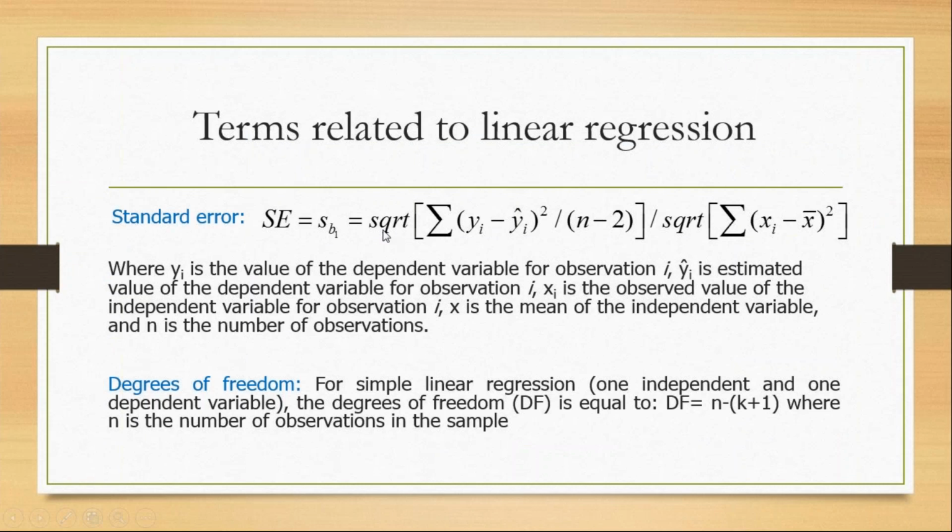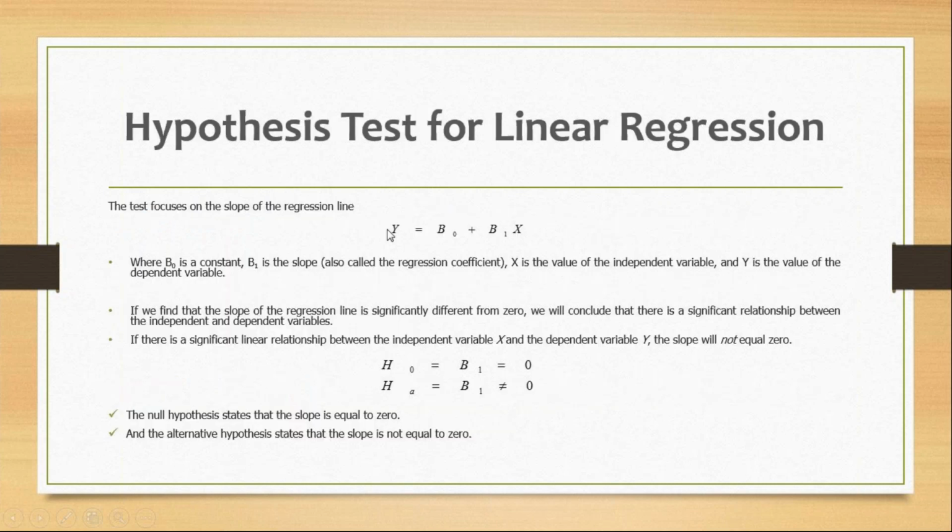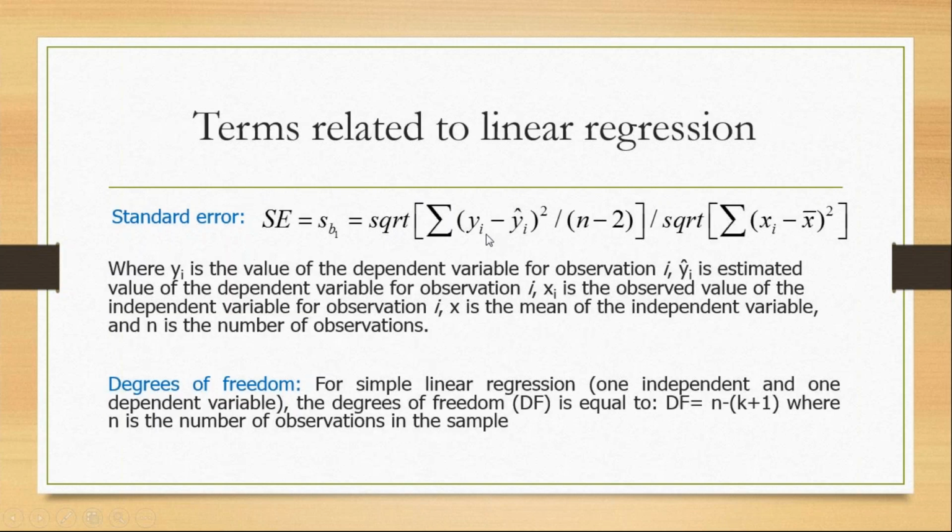So here it is the sum of squares. Sorry, the standard error that we have. And here it is the degree of freedom. For a simple regression, the case that I've taken here, this is a simple linear regression, this will be n minus 2.